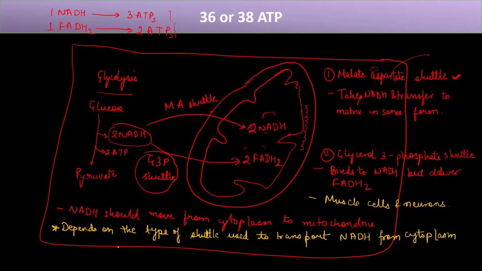So this number of ATPs depends on the type of shuttle that is used to transport NADH from cytoplasm to mitochondrial matrix. So with this, we have completed the Krebs cycle, and we have seen how many ATPs are formed. Now we will see how these ATPs are formed.